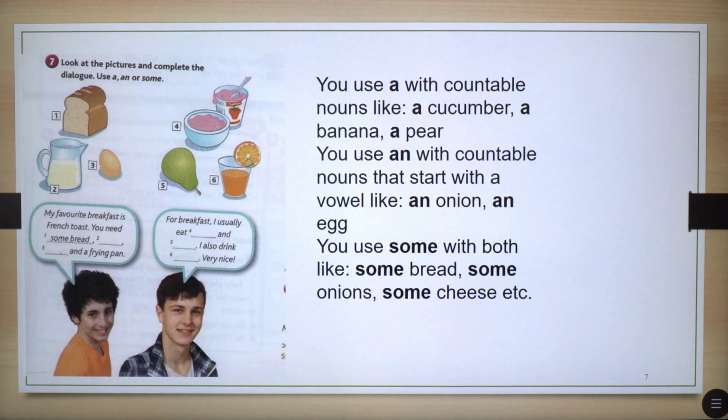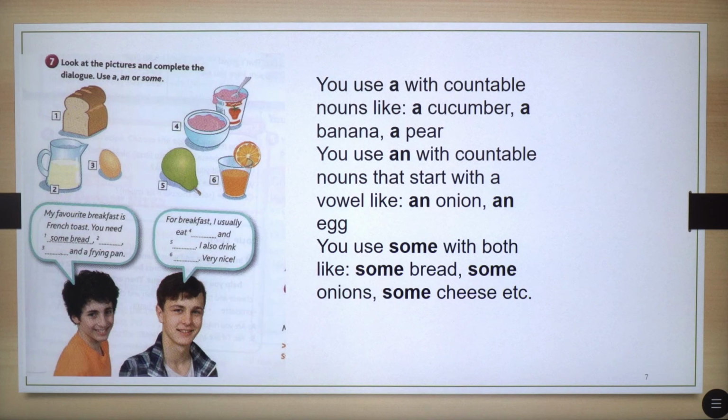Okay, here you have a few types of food and drinks. You are going to use a, an, or some in the gaps. Here are two children talking about their favorite meal. So what do they eat for breakfast? Let's see. The first boy says, "My favorite breakfast is French toast.